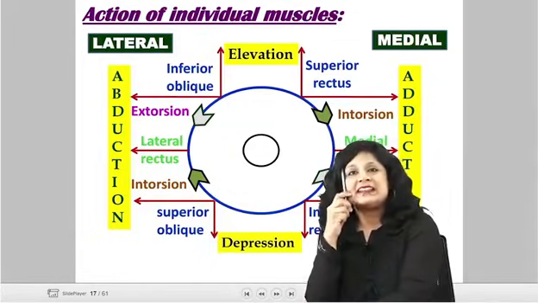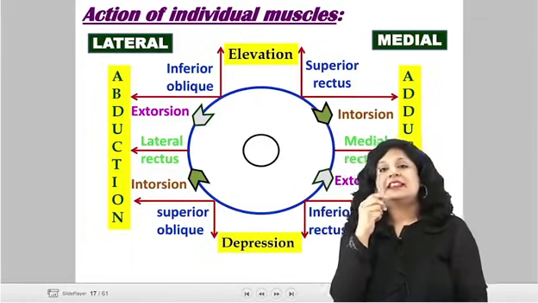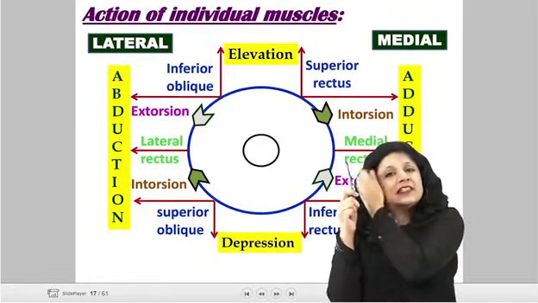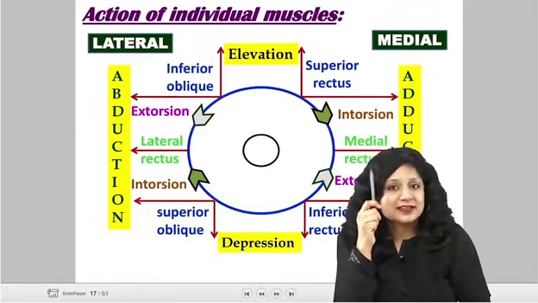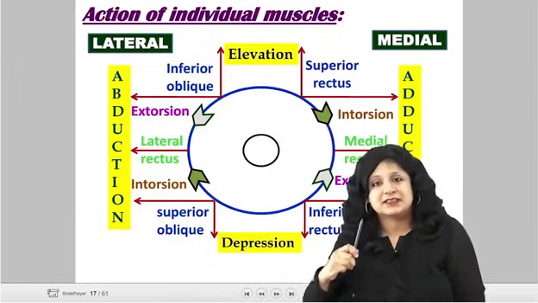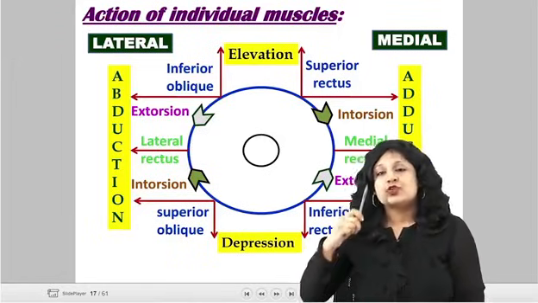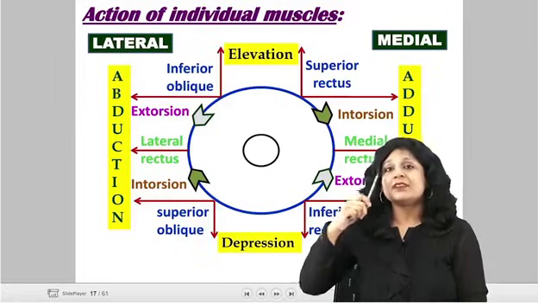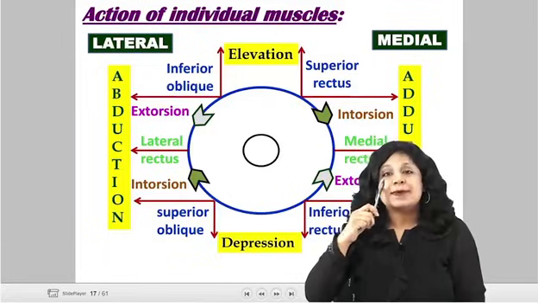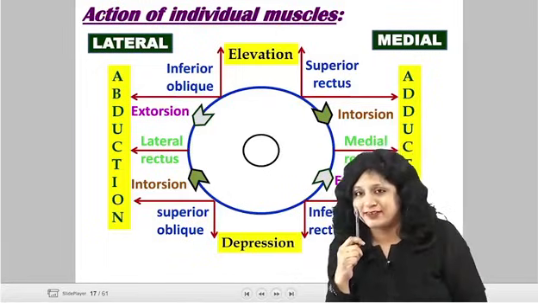So, when the eye is abducted, if you are asking the patient to elevate, then we are checking the superior rectus. In the abducted eye, if I am asking the patient to depress, this is inferior rectus. So, elevation in abduction is superior rectus, depression in abduction is inferior rectus.